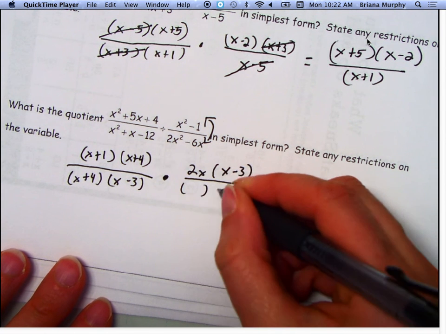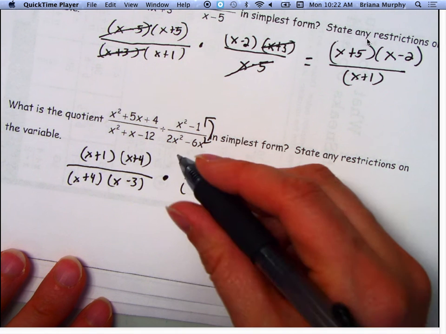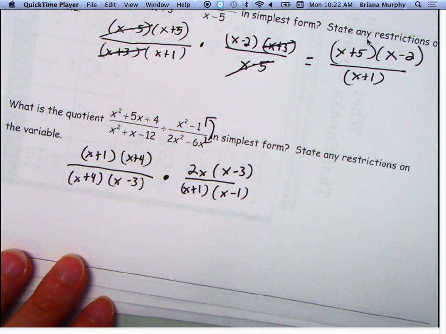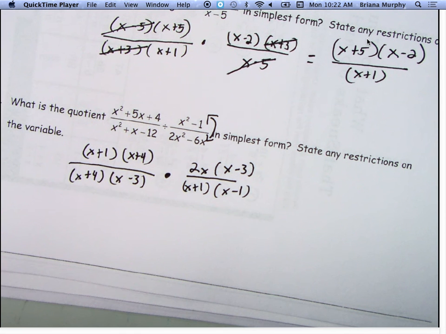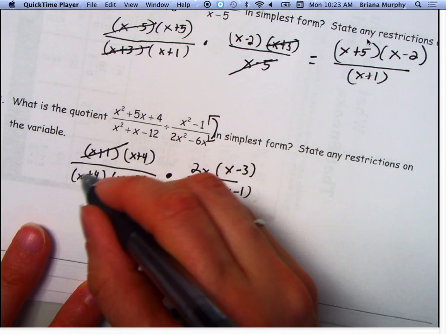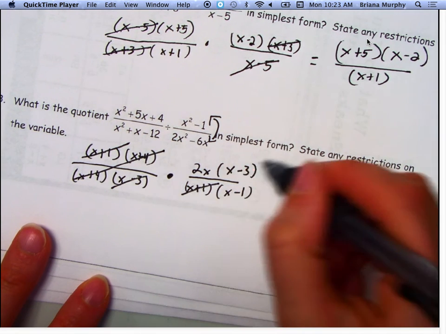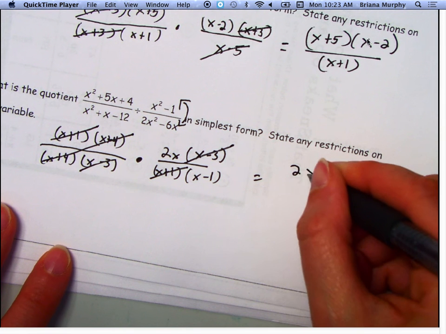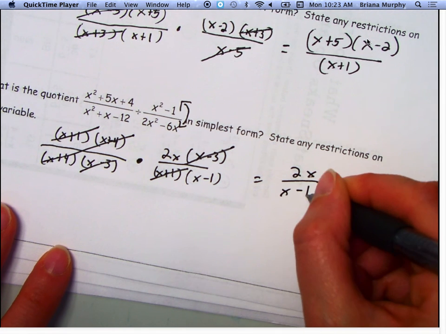Remember that's a special one because they're both perfect squares. So that's x plus 1 and x minus 1. Now I am going to cancel out, or when they divide to 1, for both of them. X plus 1, x plus 1, x plus 4's cancel out, x minus 3 and x minus 3 cancel out, and I'm just left with 2x over x minus 1.